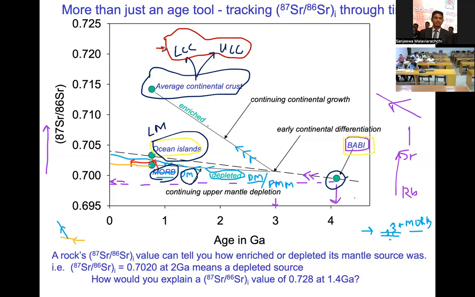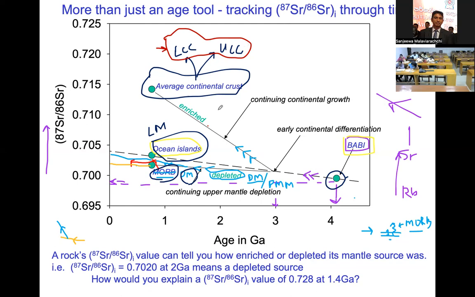Such mafic minerals do not accommodate a lot of rubidium compared to the felsic upper continental crust, because upper continental crust is felsic. So a lot of feldspar is there, K-feldspar and plagioclase minerals, which can take a huge amount of rubidium.